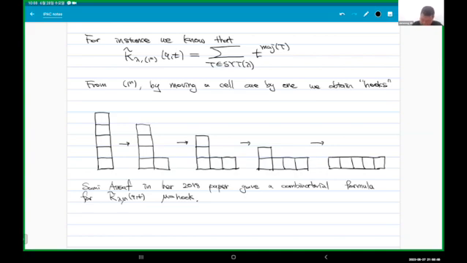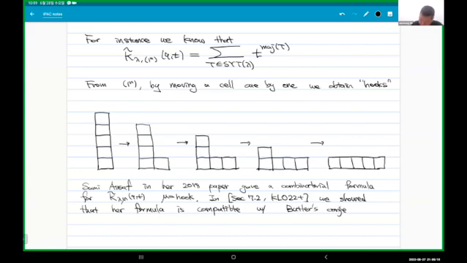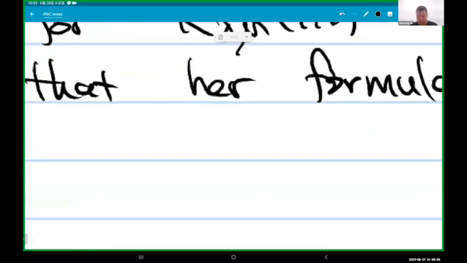And in section 7.2 in our paper, we show that her formula is compatible with Butler's conjecture. We kind of simplified her formula, because if you look at her paper, her formula involves some kind of bijections.